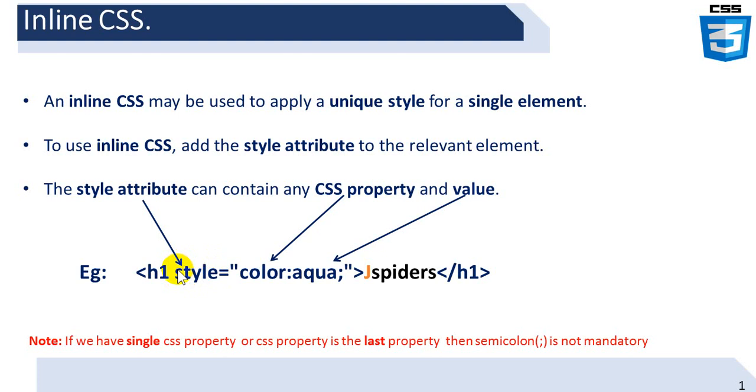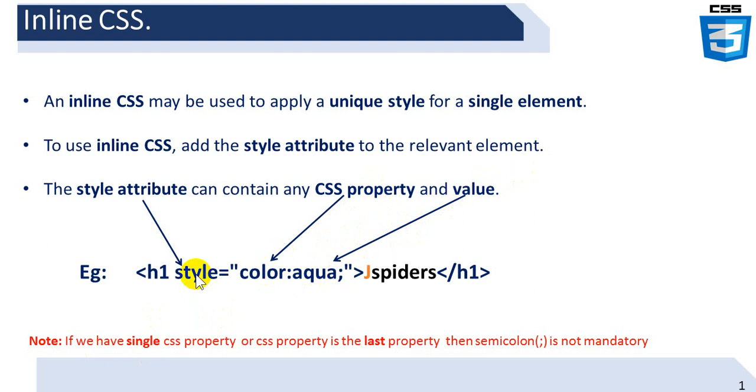So how do we add inline CSS? With the help of the style attribute, style equals color colon aqua, which I pass in double quotes. You should pass the CSS property name, colon, the value of that property. So color is my CSS property, and the value is aqua.